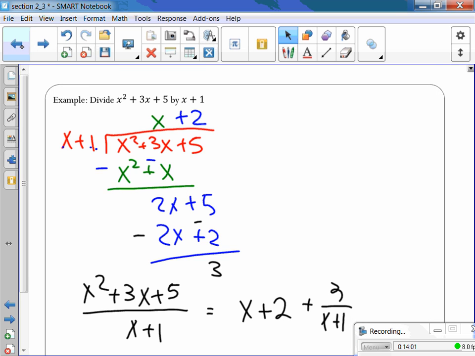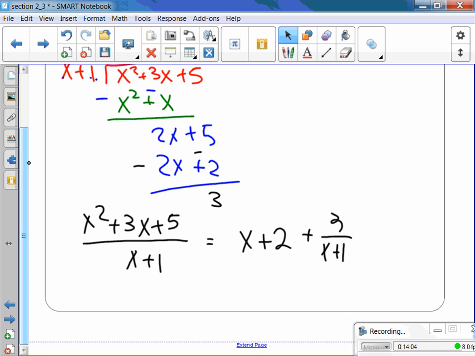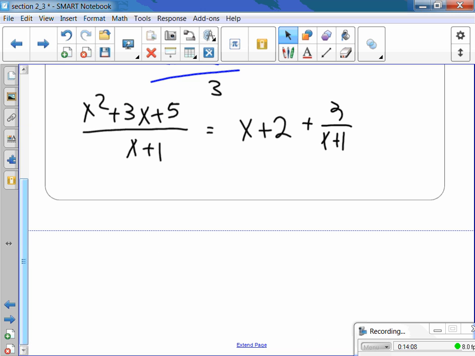I can also rewrite this as, if I multiply both sides by the divisor, my x plus 1, the left side becomes what? The original polynomial we started with, right?